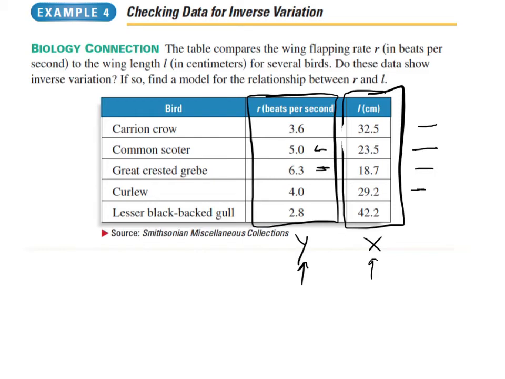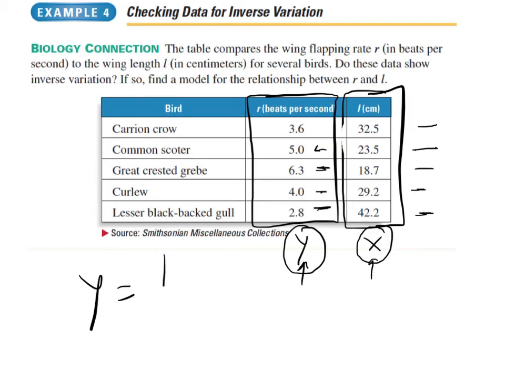Longer wings, a little slower beats. Longest wing still, slowest beats per second. So it appears that as x gets bigger, y gets smaller, so I would say that this is definitely an inverse relationship. And we can get to work then.